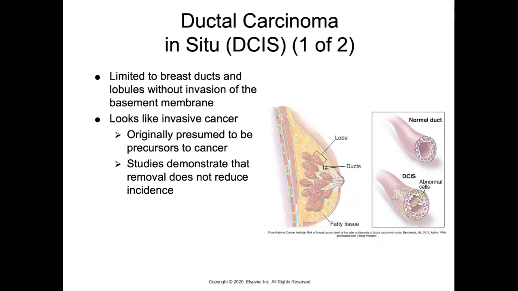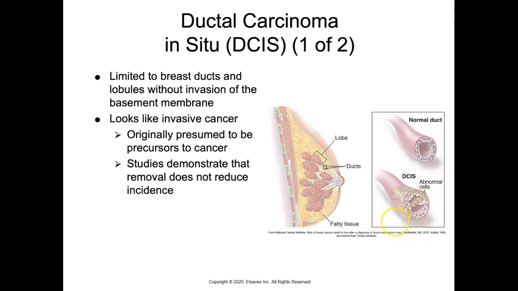So I mentioned we talk about the different carcinoma in situs. First, we'll start with ductal carcinoma in situ, which is DCIS. And this type is going to be limited to the breast ducts and the lobules without invasion of the basement membrane. And it can look like invasive cancer if you're looking at this image over here.